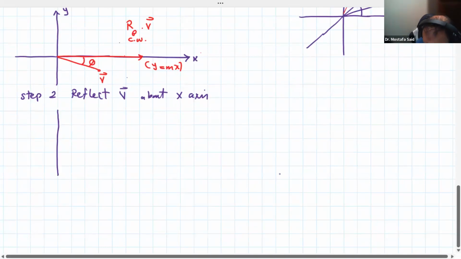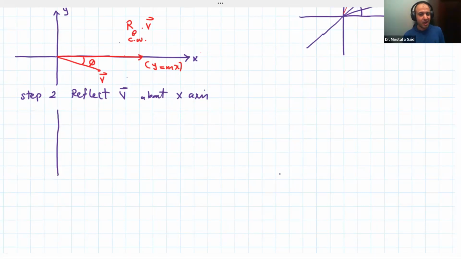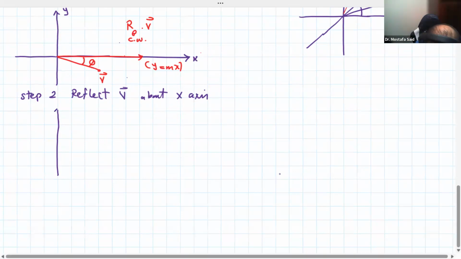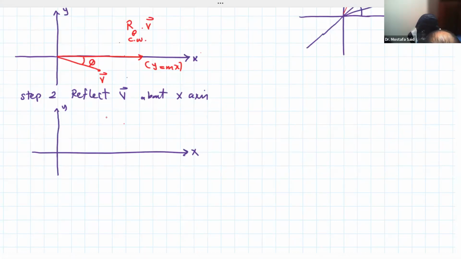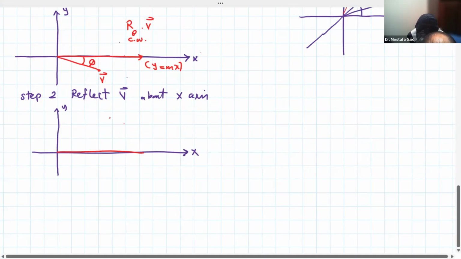Actually, we're going to reflect everything, even y equal to mx. But since we are reflecting y equal to mx, which is now m equal to 0 and coincides with the x-axis, it will be the same, right? But the mirror now is our x-axis. So this is y. Here is our x-axis. So in the second step, y equal to mx will be the same, because the mirror is this one here.